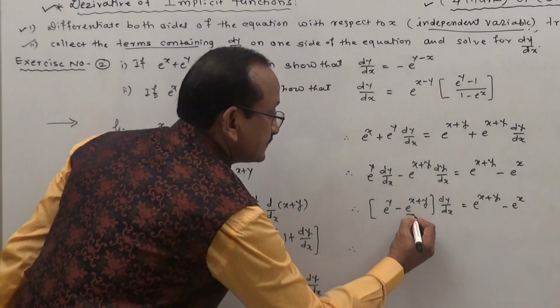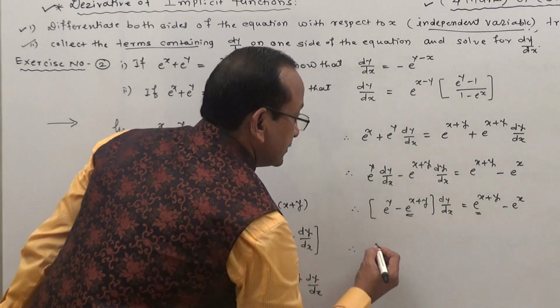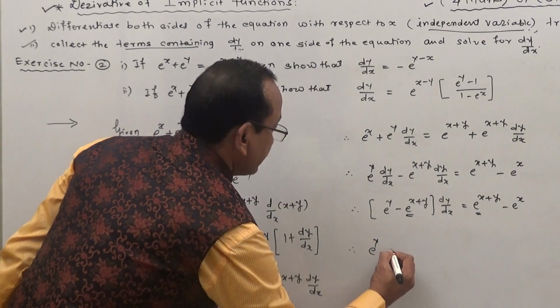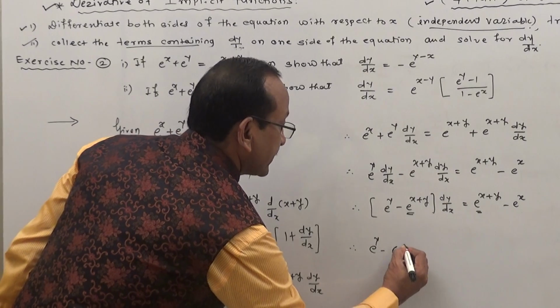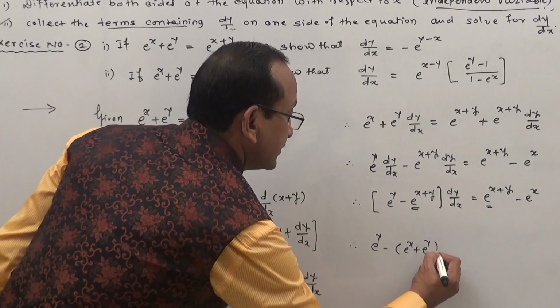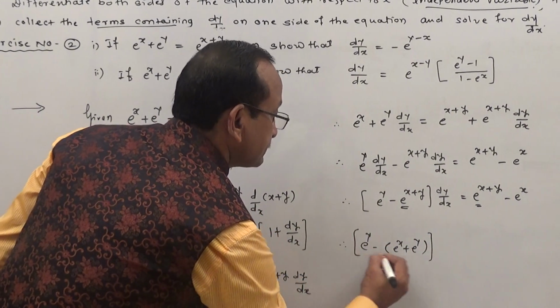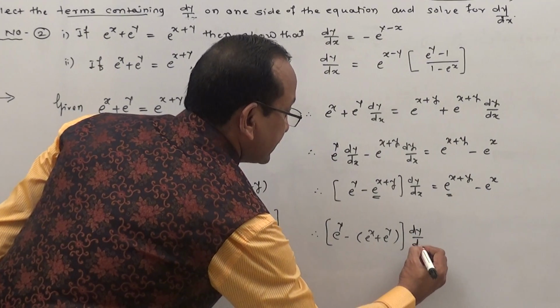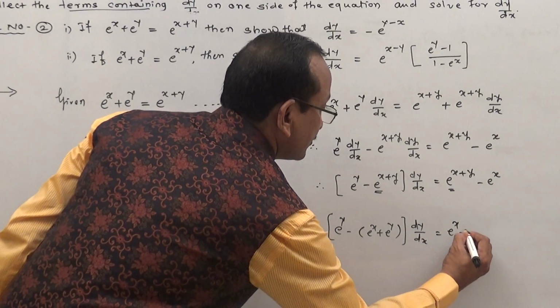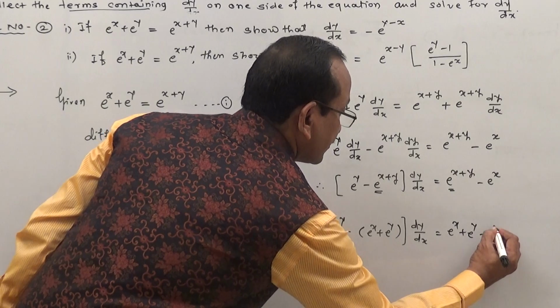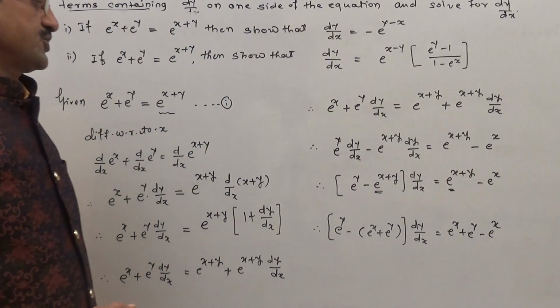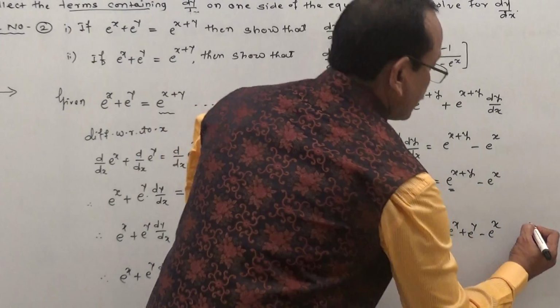Now put here e raised to y minus, into bracket e raised to x plus e raised to y, dy by dx is e raised to power x plus e raised to power y minus e raised to power x, from 1.